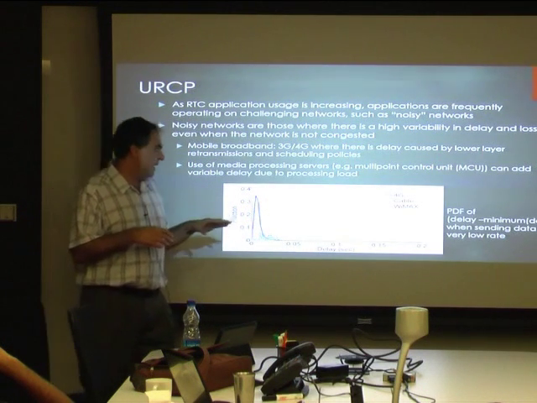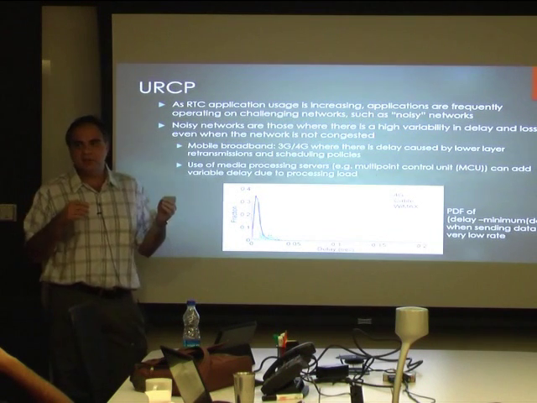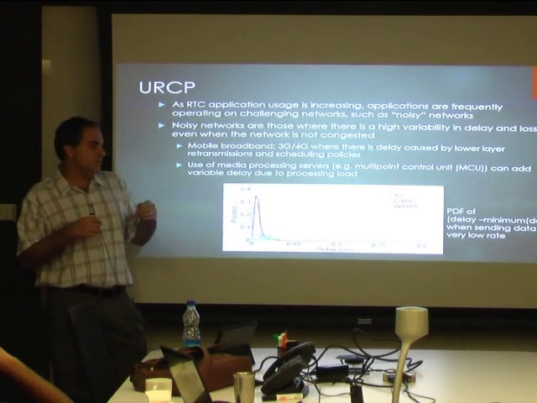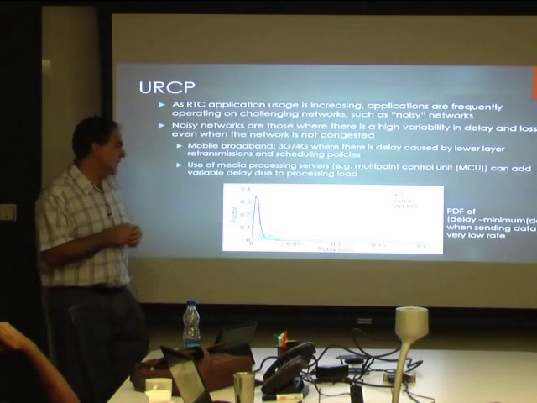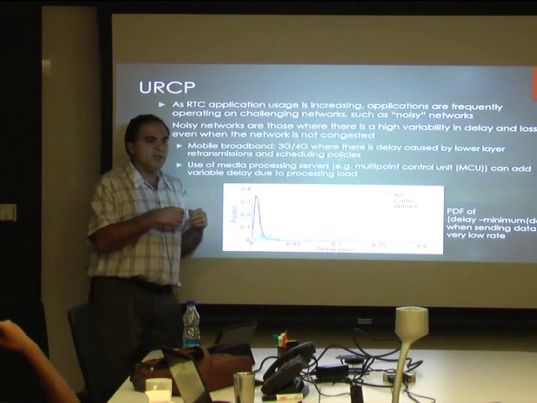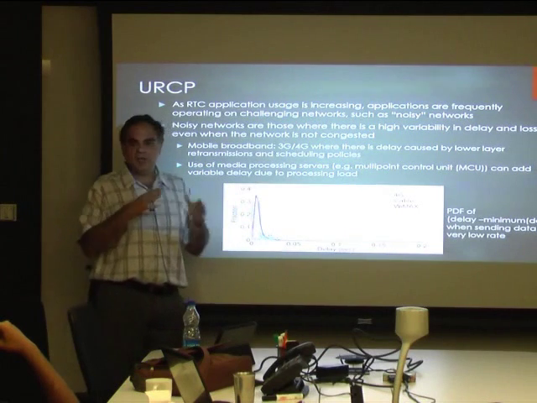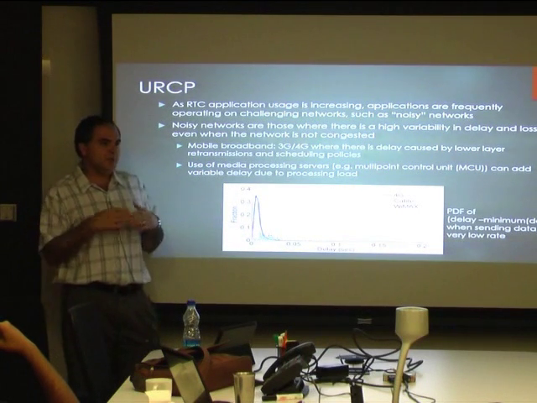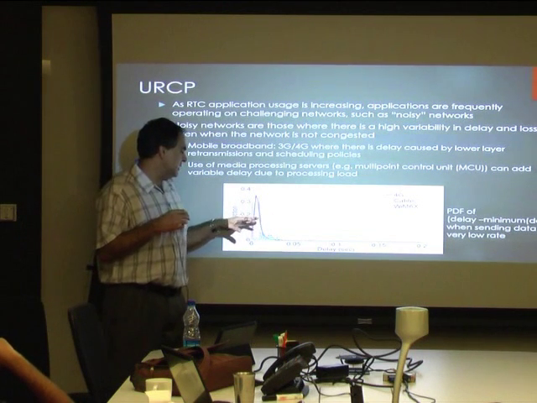And then you look at the delay you get, which is essentially one-way delay or the RTT, and you plot the delay minus the minimum delay. The minimum delay you assume to be caused by propagation, and that's something you can't overcome. And you plot the distribution.